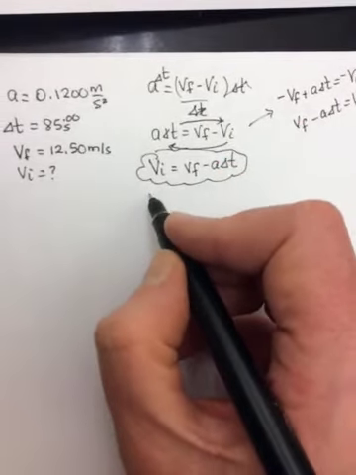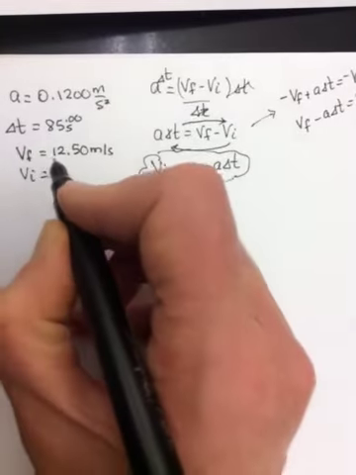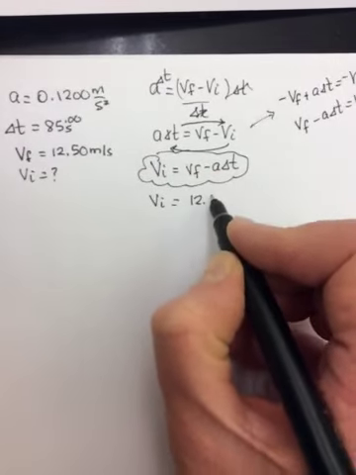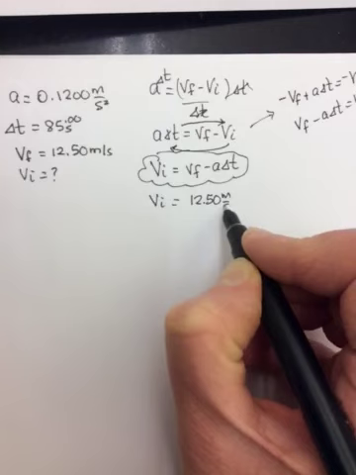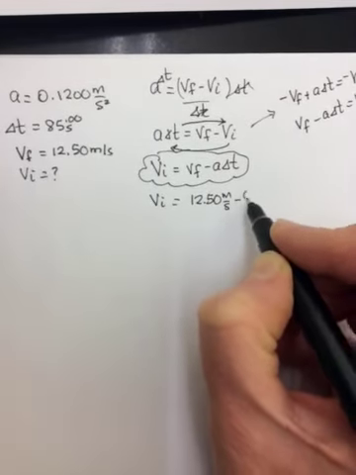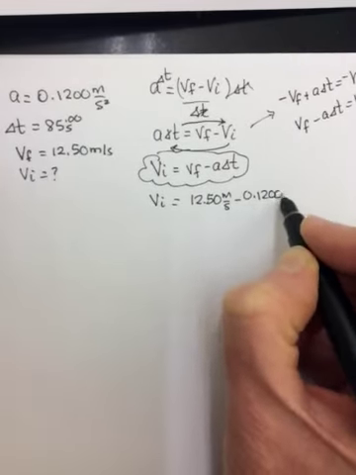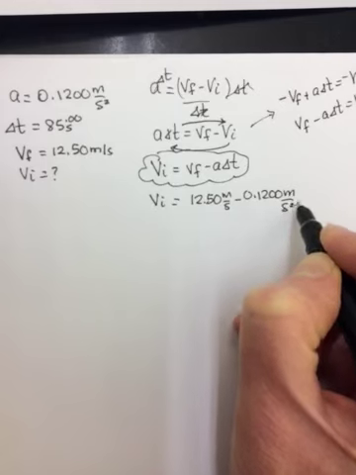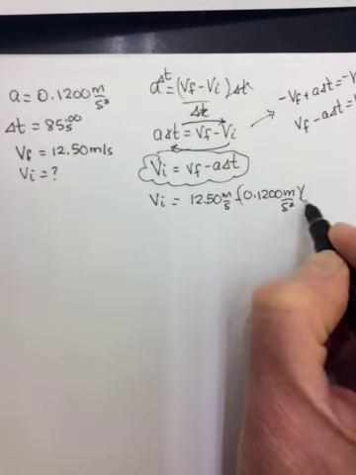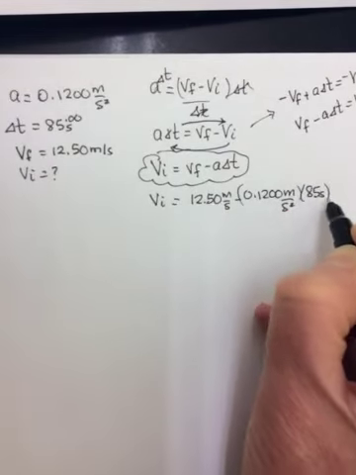Okay, so now we can fill our numbers in. VI is equal to VF, 12.5 meters per second, minus A, 0.12 meters per second squared, and the time is 85 seconds.